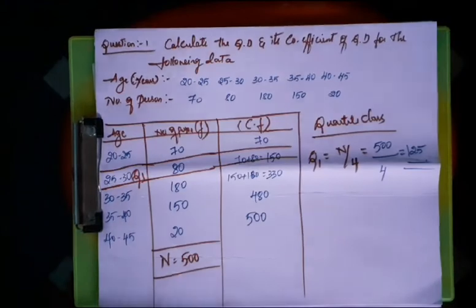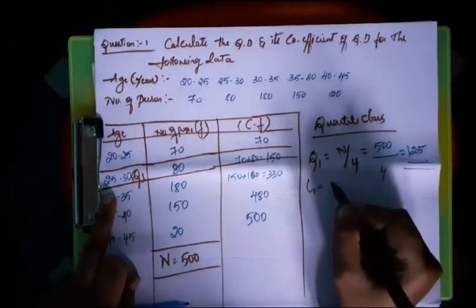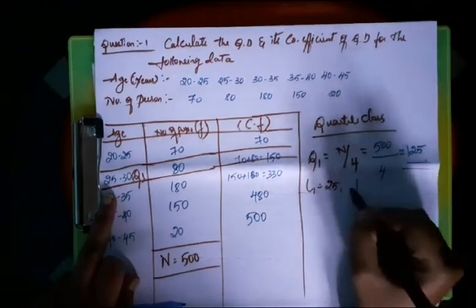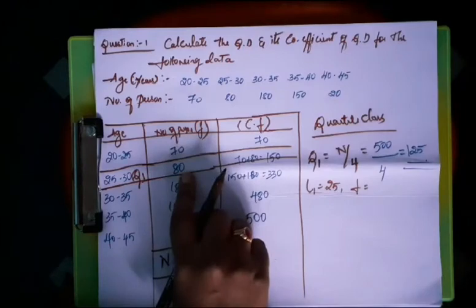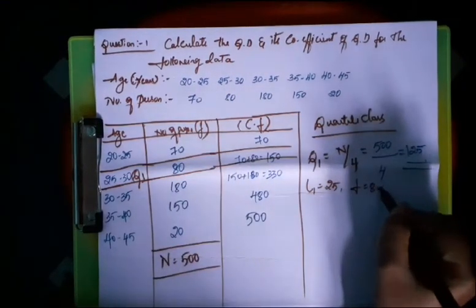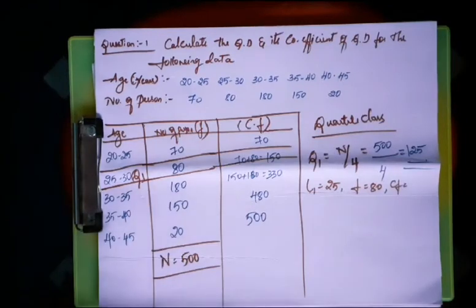Okay, so Q1. For Q1, the lower limit will be 25. The normal frequency, whatever we got, is 80. When it comes to cumulative frequency, we have to take the preceding one.